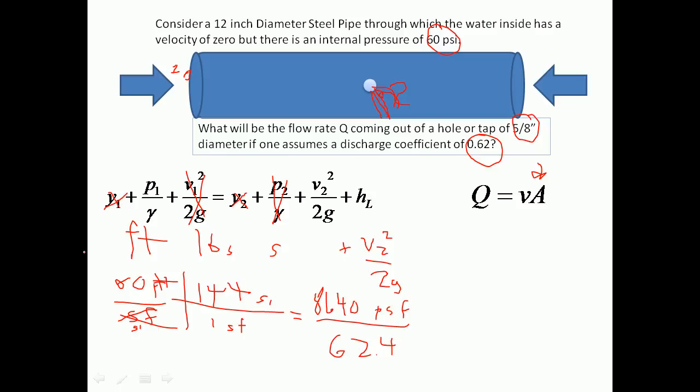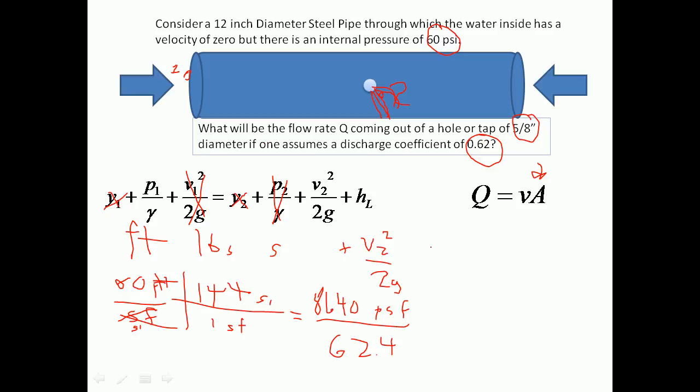There are 33 feet of head for every 14.7 psi, so that should be about 140 thereabouts. Let's see what that turns out to be. 8640 divided by 62.4 is 138.46.